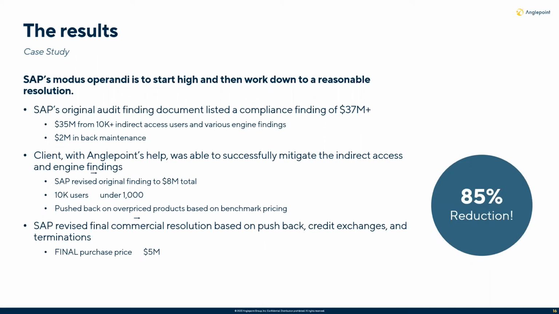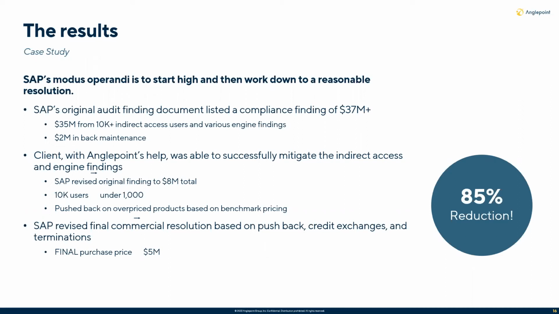And then ultimately what we were able to do is we revised all of that, and SAP agreed to around an $8 million total. Those 10,000 users, we were able to argue away with digital access. And we got those users much lower, and this is now our starting point.